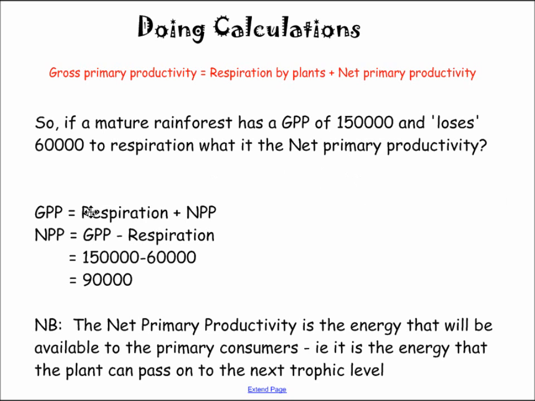Well, GPP equals respiration plus NPP. So NPP is going to be GPP take away respiration, 150,000 take away 60,000, which is 90,000. And just a reminder that the net primary productivity is the energy that will be available to the primary consumers in the next trophic level.